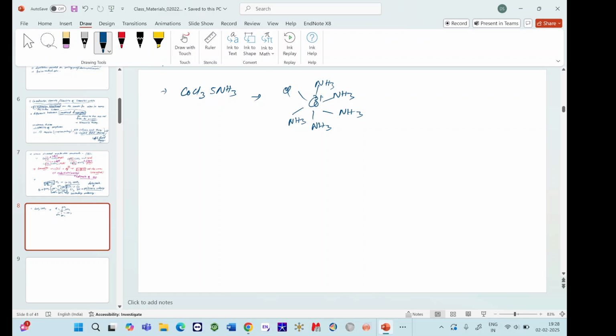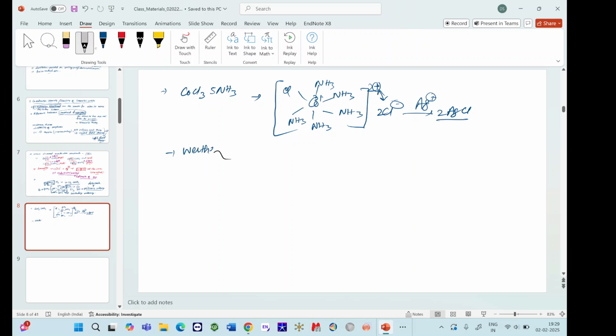So if cobalt is 3 plus, and 1 Cl is inside, it will contribute -1. You have 2 plus on the whole, and then you have 2 Cl minus. So these are stabilized. So then if you replace it with Ag plus, you will get 2 AgCl. Right. So this way all these anomalous results could be explained. And from there, this theory came.